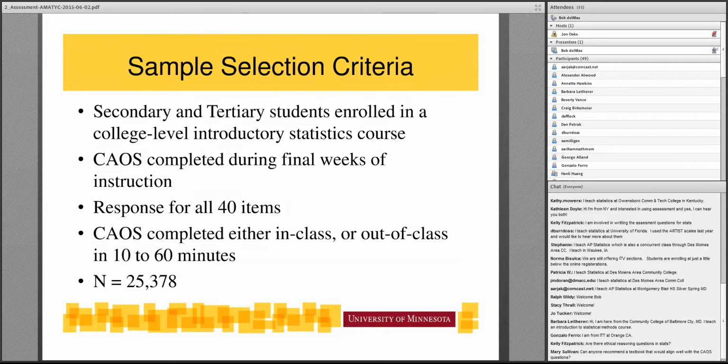So we wanted to make sure they were engaged, and that they weren't just going off somewhere and looking up all the answers. So it's limited to this set of 25,000 plus students, which hopefully most of you will agree should give us adequate information about what's going on.